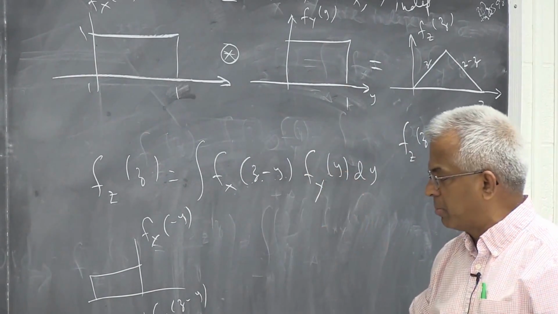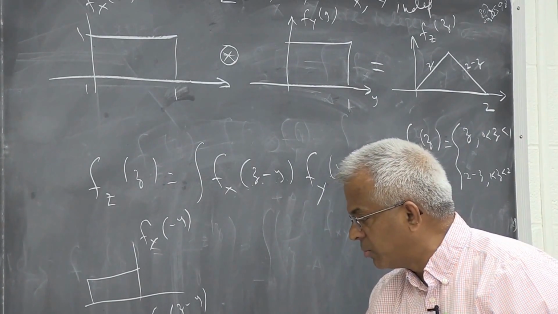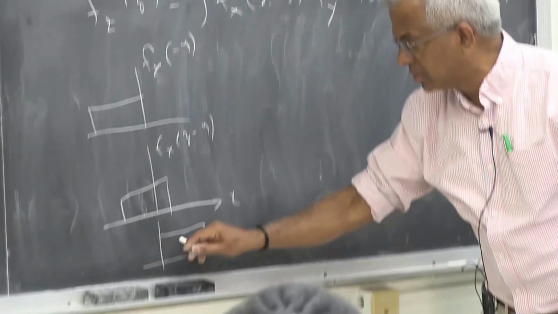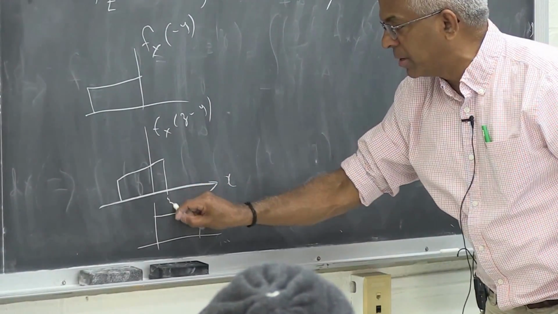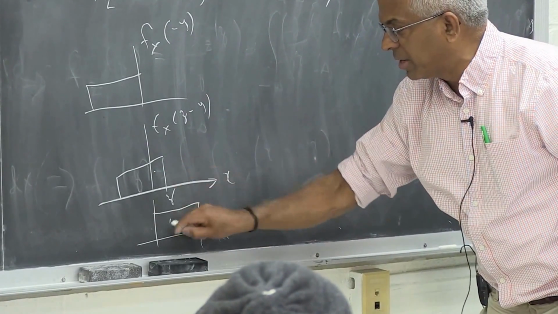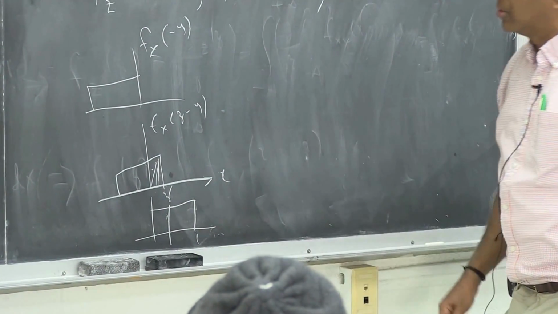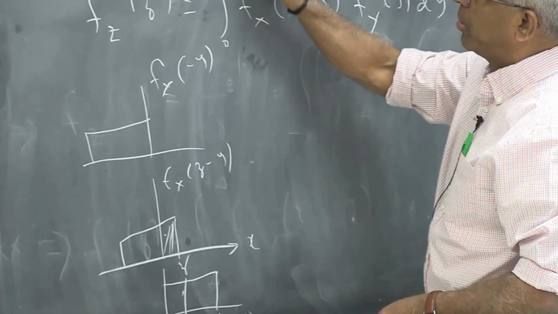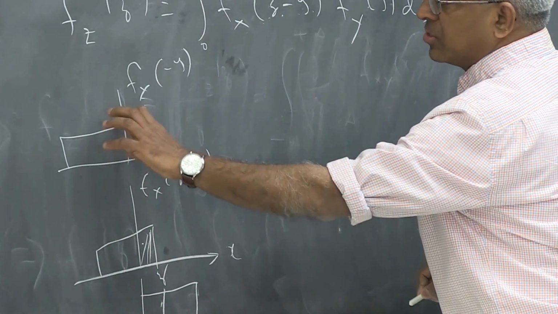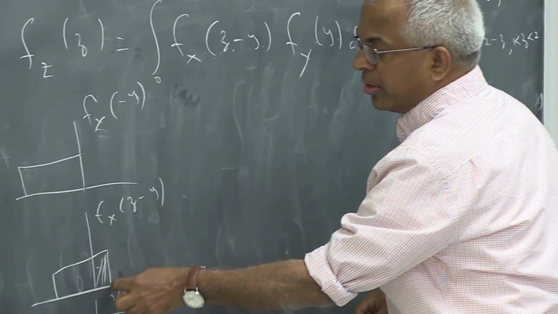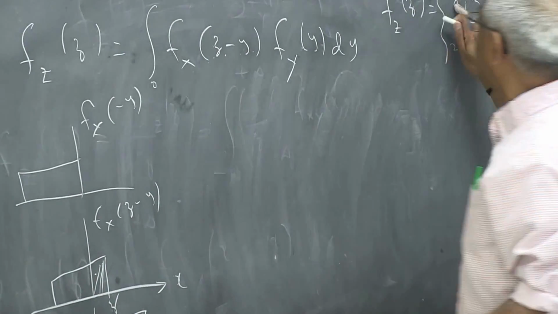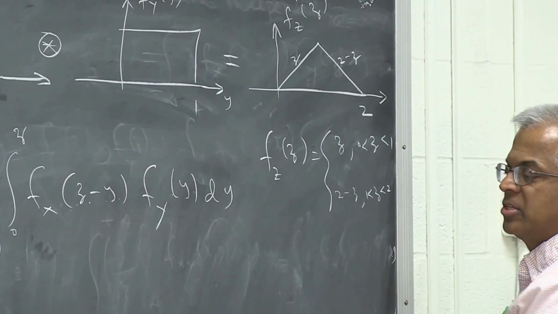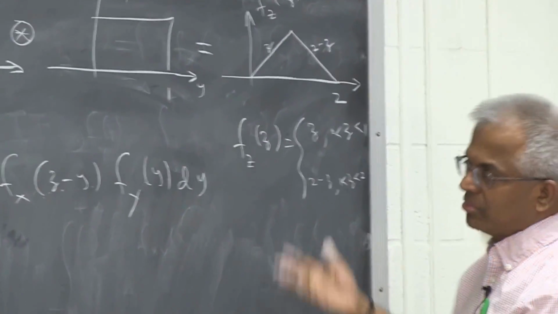This should be multiplied by f y of y. I just brought this term here. How much am I shifting? I am shifting by z. So when you multiply this with this, you can see this region is the region you need to integrate, from 0 to z. Since this is 1, this is 1, when you integrate 0 to z, you get 1 multiplied by z, which is a line. That will go up to a point, then the shape will change, and so on. So you go through this.